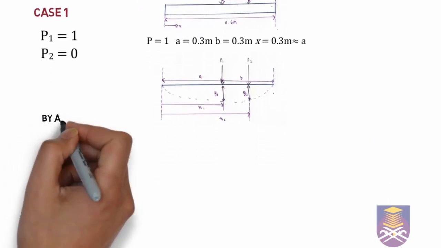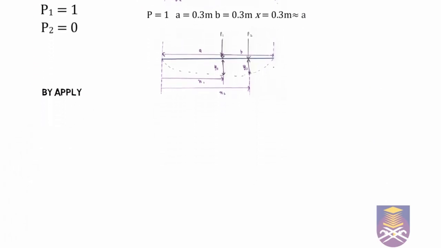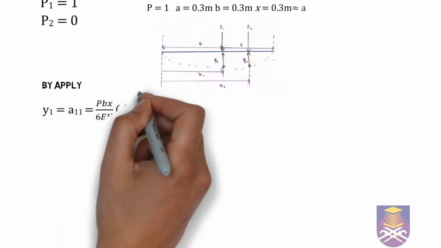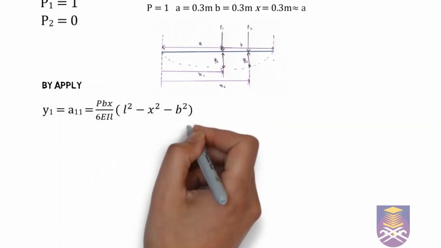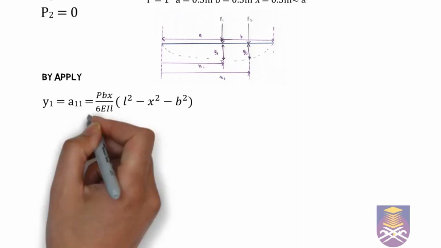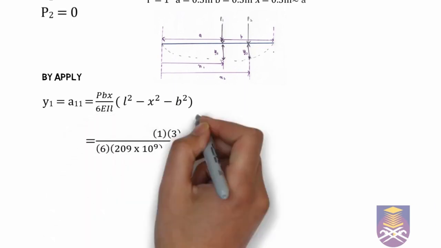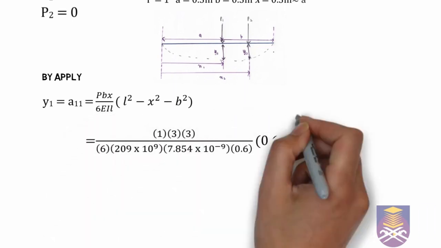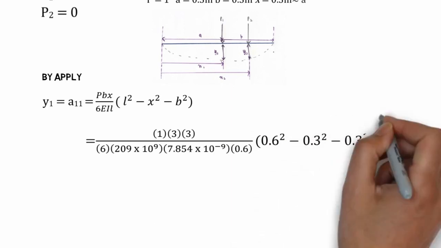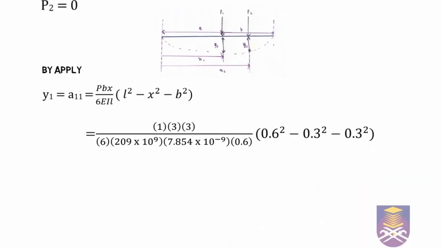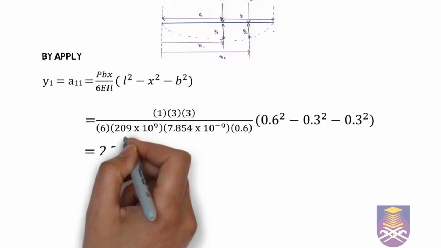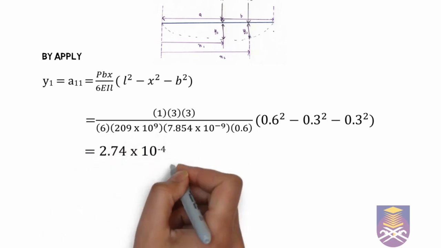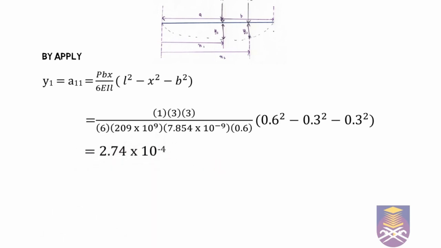Since X is equal to A, we have to apply the values onto the first Y(X) formula. So, find the A11. The value of A11 is 2.74 times 10 power of negative 4.